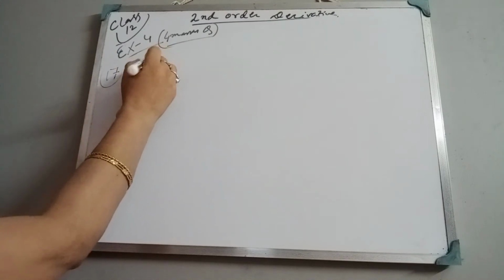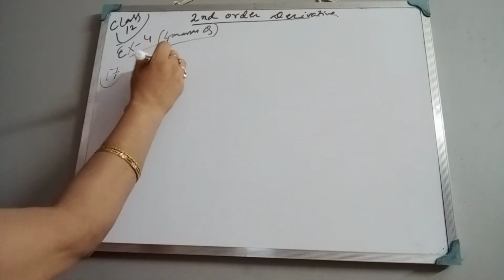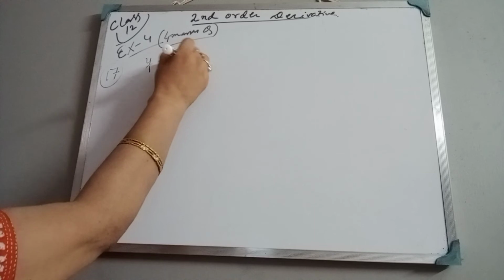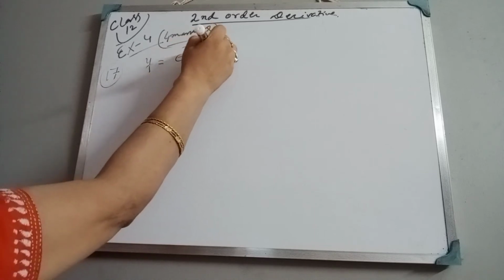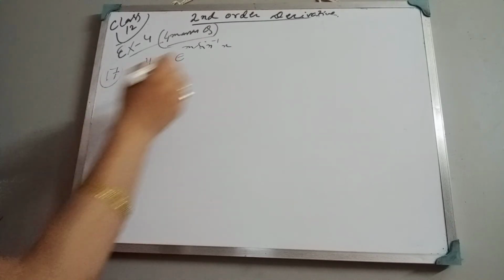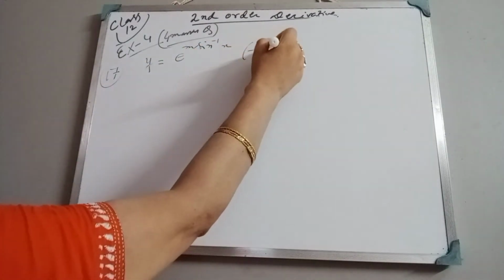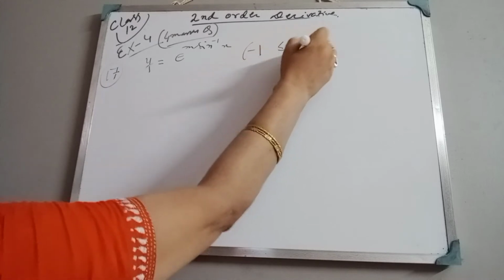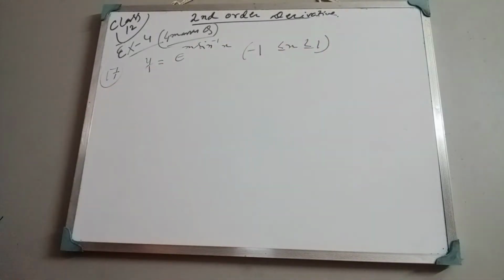Sum number 17: y equals e to the power m sine inverse x, where minus 1 less than or equal to x less than or equal to 1, restriction is there.